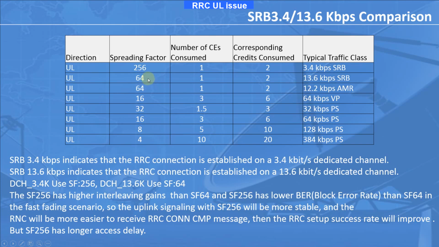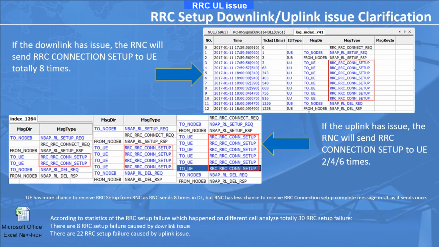So the uplink signaling with spreading factor 256 will be more stable, and the RNC will more easily receive the RRC connection complete message. Then the RRC setup success rate will improve, but spreading factor 256 has a longer access delay.